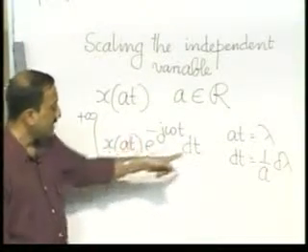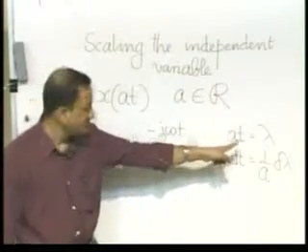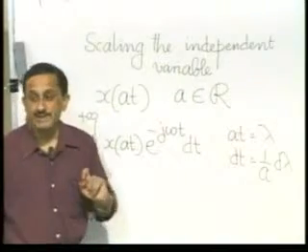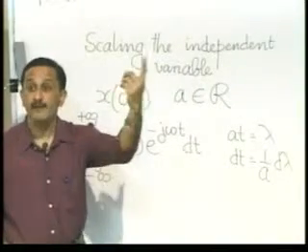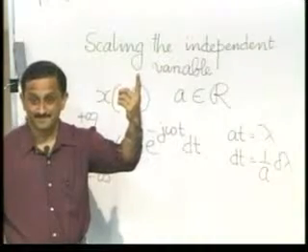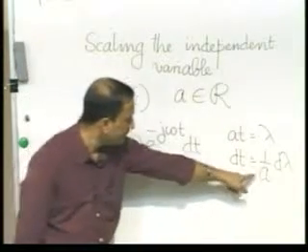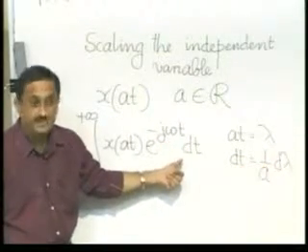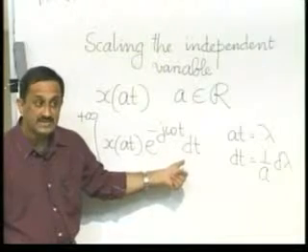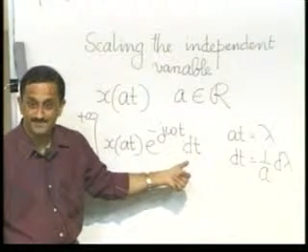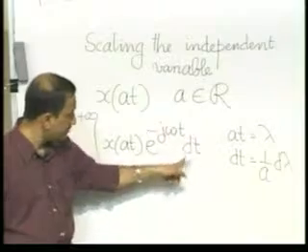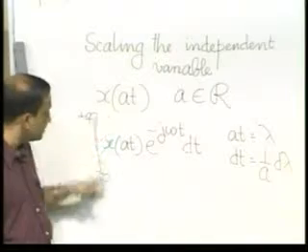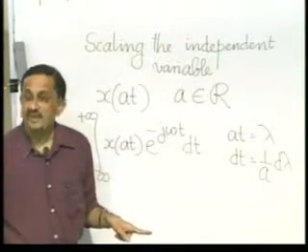On the other hand, when a is negative, then t running from minus infinity to plus infinity means that lambda runs from plus infinity to minus infinity. But then we have here a 1 by a d lambda replacing dt. And if a is negative, 1 by a is also negative. So the 1 by a would take a negative sign, and the integral would also get reversed if a is negative.